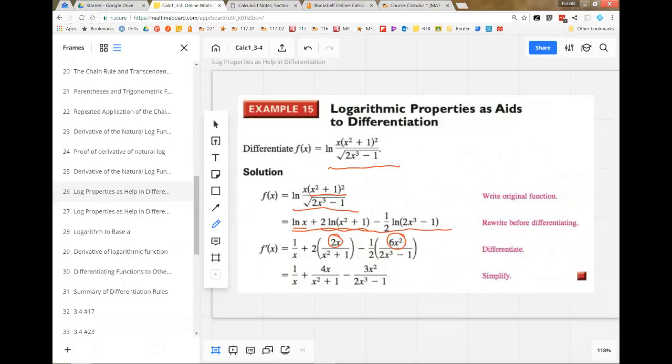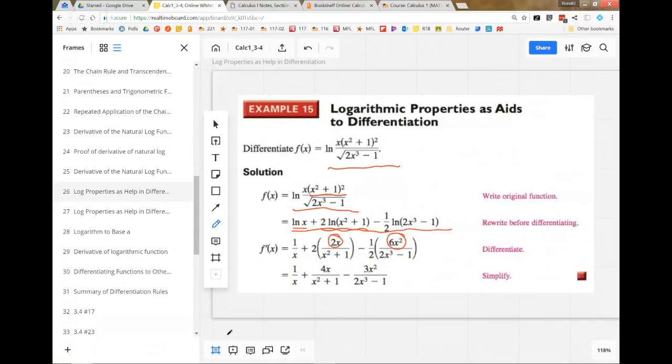So then it's just algebra. So using log laws again can simplify things greatly when you're taking derivatives. I mean, half of this problem was just using log laws to get ready to use derivatives.